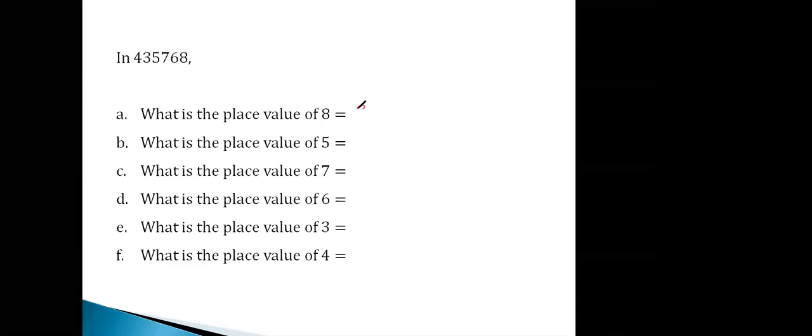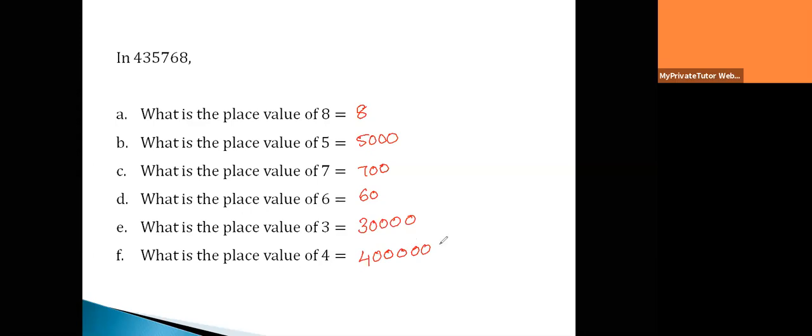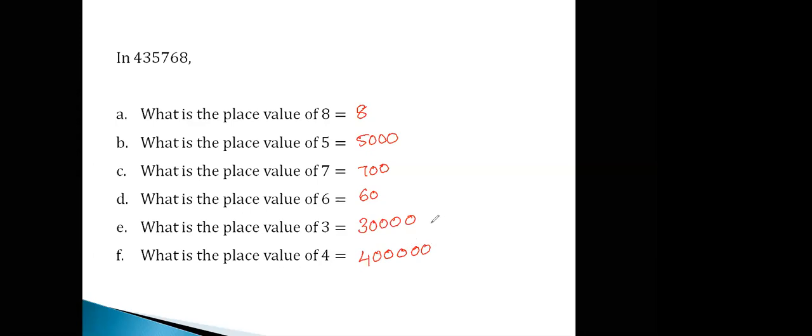In the number 5,7,6,3,3,4, 5 is 5,000, 7 is 700, 6 is 60, 3 is 30,000, and 4 is 400,000. Everyone agrees to this? Yes.